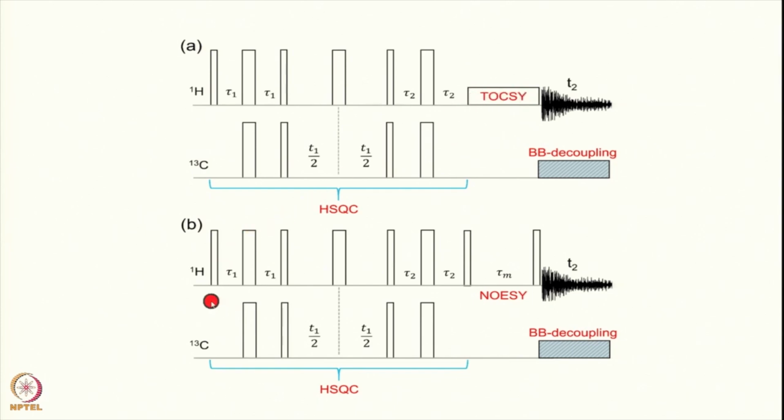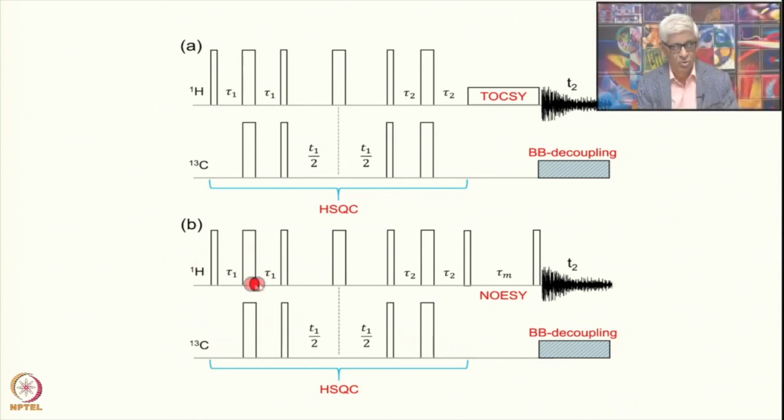Okay. Similarly, in this particular example, until here you have the HSQC spectrum, so the C13 proton correlation here, and then after this portion which is added here, this is the NOESY. So you have the mixing time here, the tau m is the NOESY mixing time. During this period you have the transfer of information happening between the protons which are close by in space, or if there is a chemical exchange happening, that also can happen here.